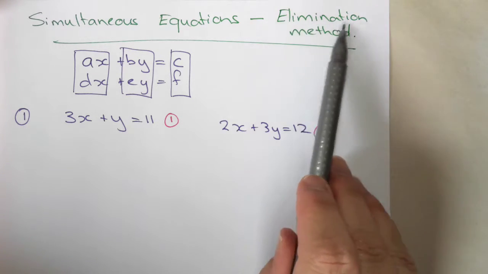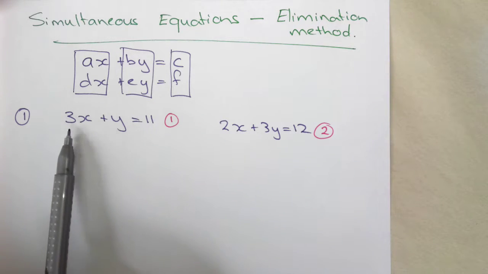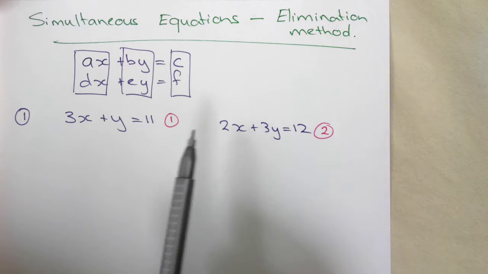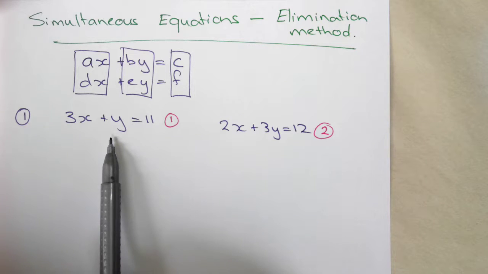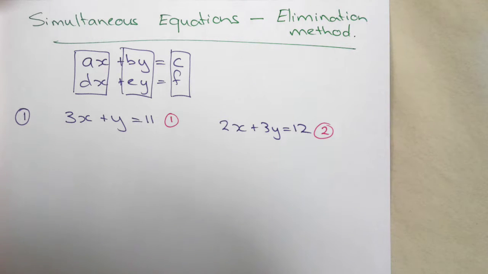That's what's called the elimination method. I'm allowed to add or subtract multiples of the equations. So first I choose which variable I want to eliminate.